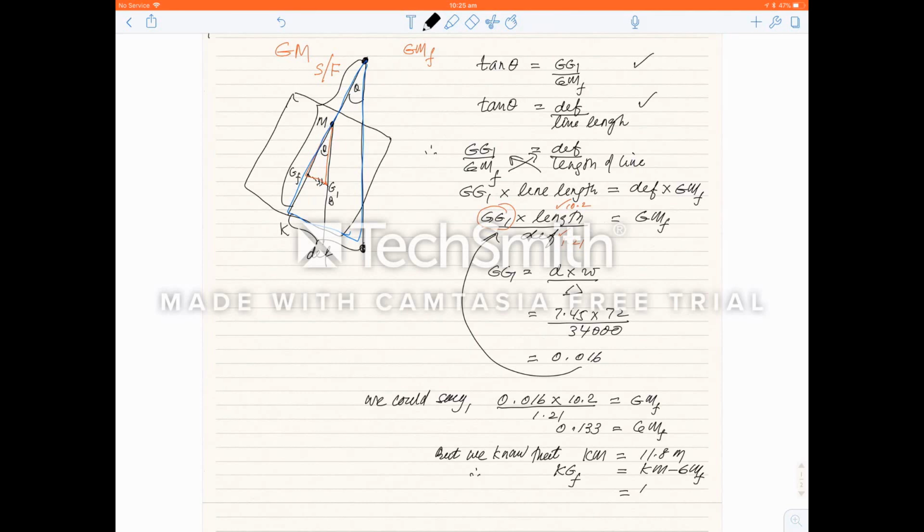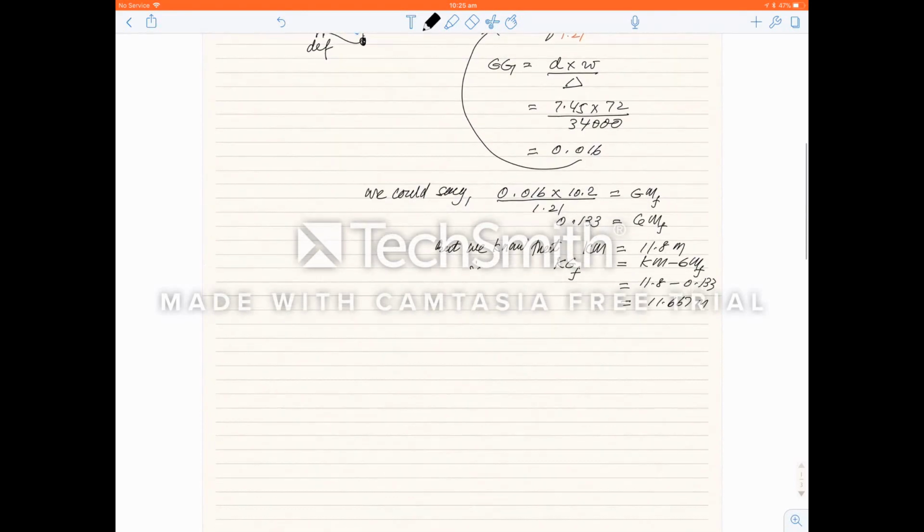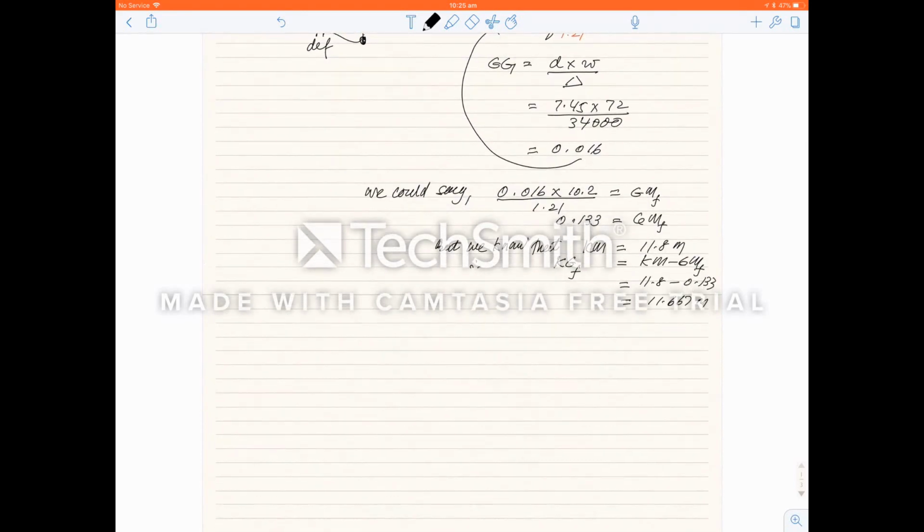That's 11.8 minus 0.133 equals 11.667 meters. So this is the fluid KG at the time of inclining.